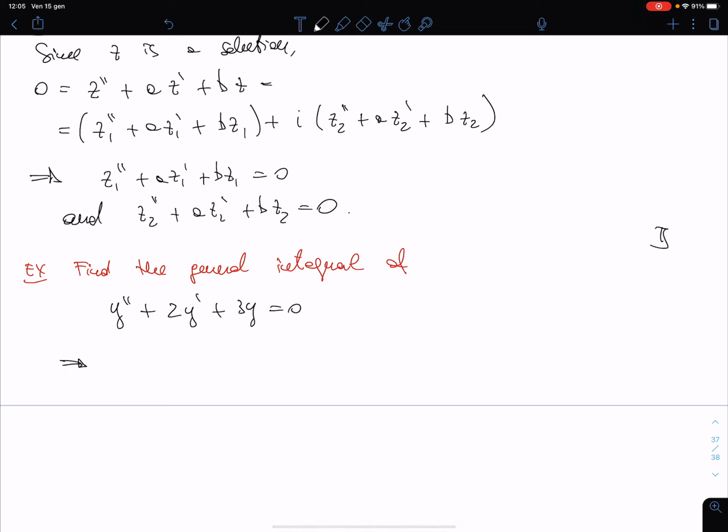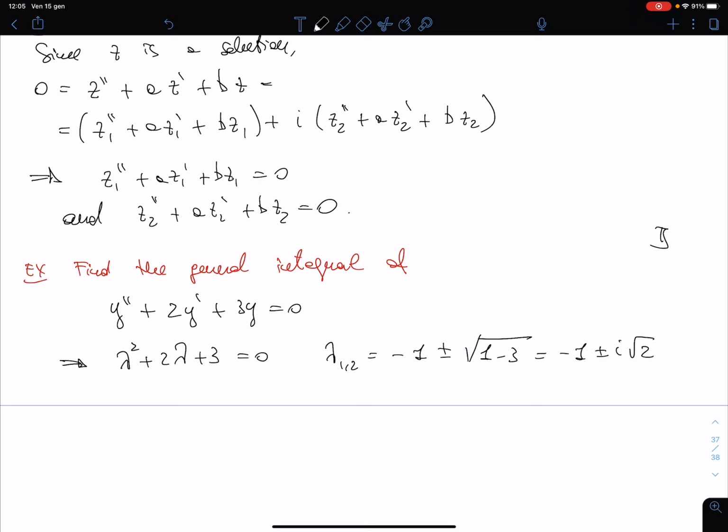So go immediately to the associated algebraic equation, set equal to 0. So lambda 1, 2 are equal to minus 1 plus minus the square root of 1 minus 3. So it is minus 1 plus minus I square root of 2.